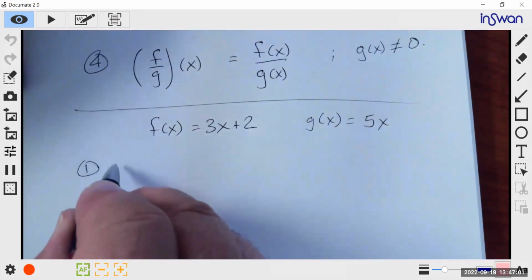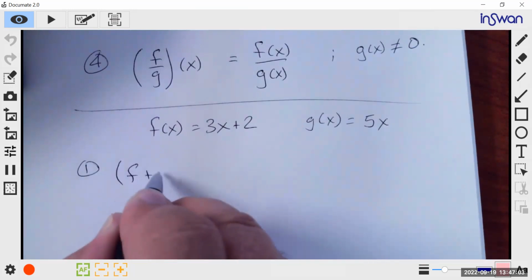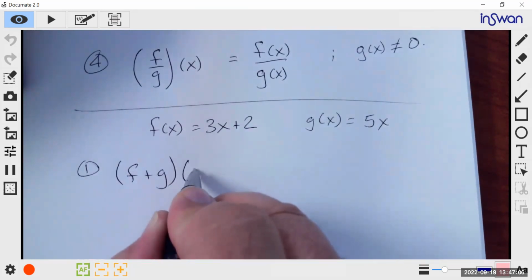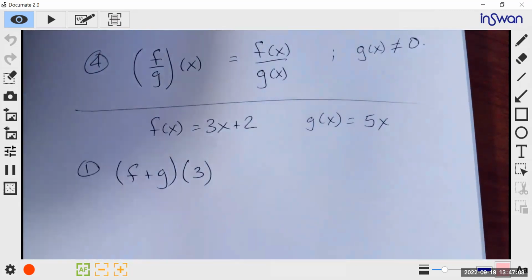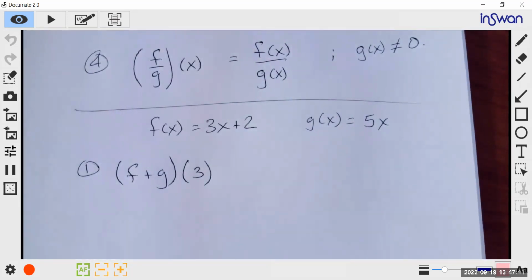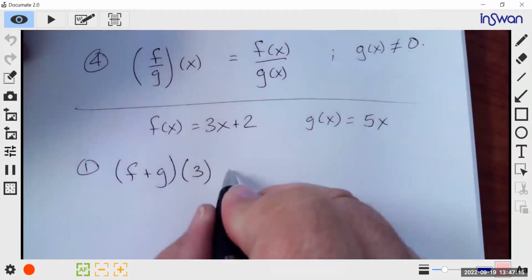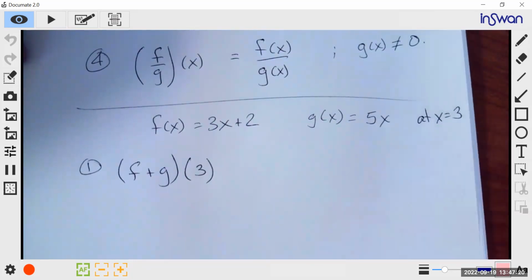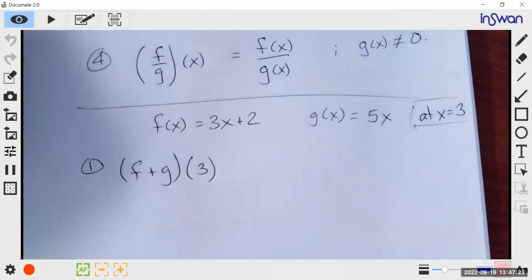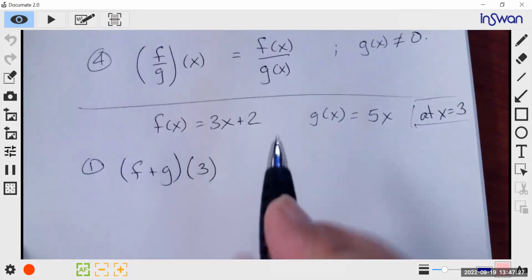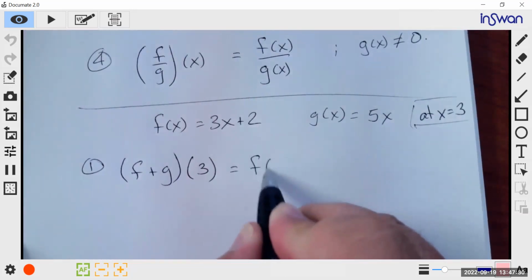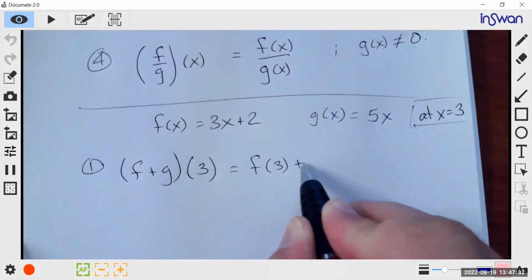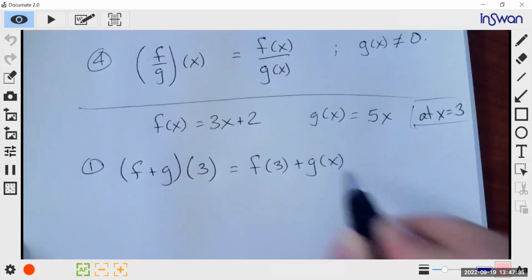So the first one, the addition one, says this. I'm just going to use all of them at x equals 3, so we have it easier to see what we're doing. So the addition formula says this is the same thing as that.